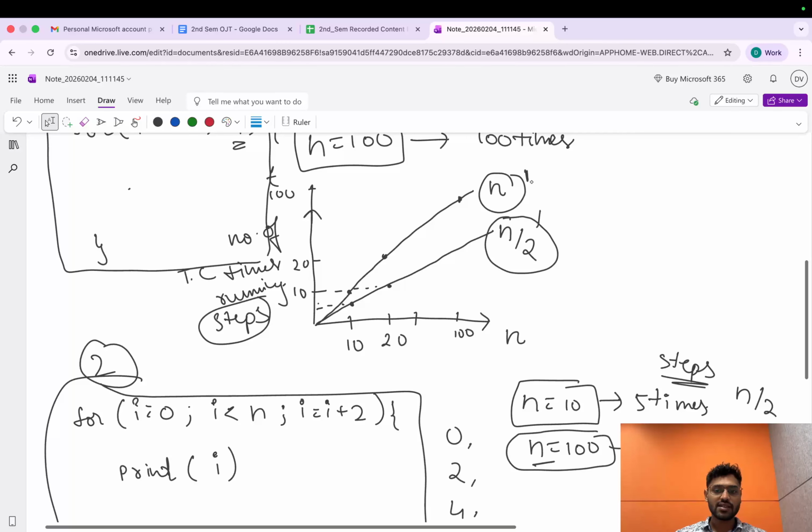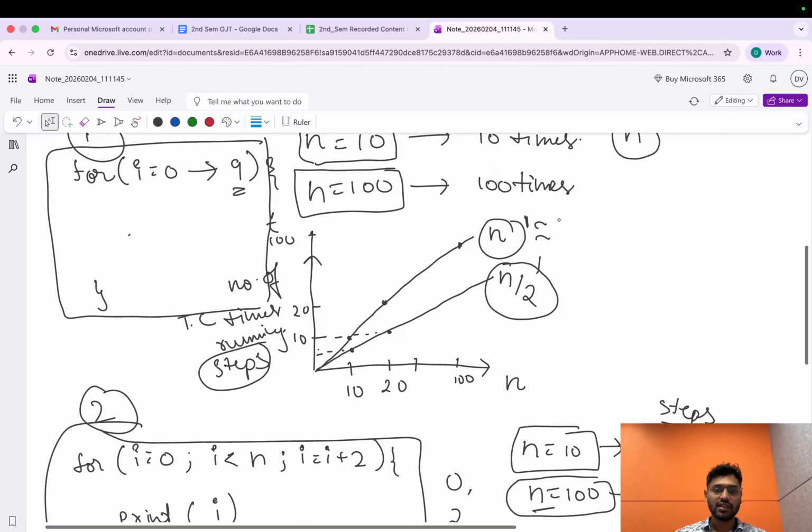In both the cases, it's a linear equation, a straight line. So in both the cases, we are going to represent it with big O of n. Making sense? We are not exactly calculating the number of steps we are going to run, but we are going to calculate the growth rate. So the time complexity would be big O of n in both the cases.